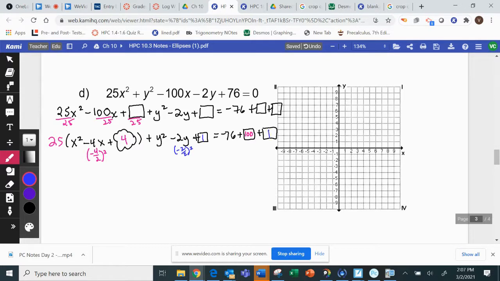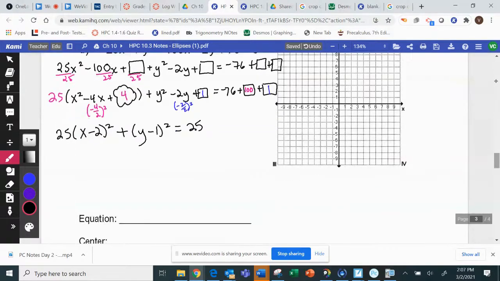So I just have to add 1 to the other side. Then I factor it and add together what's on the other side, which is 25. And this is an ellipse, so it has to say equals 1. So I will divide everything by 25.